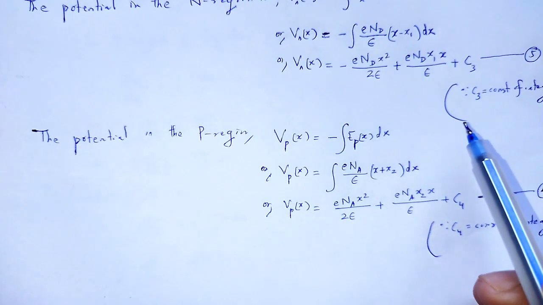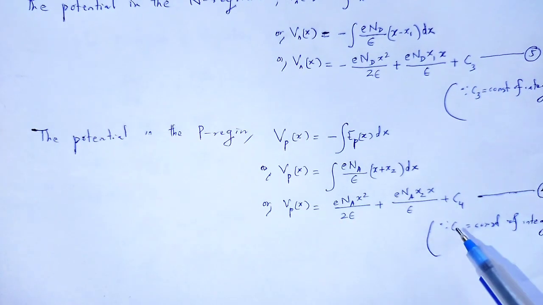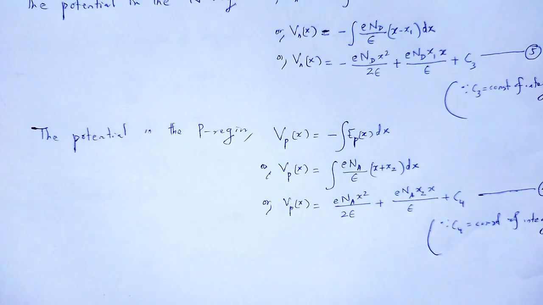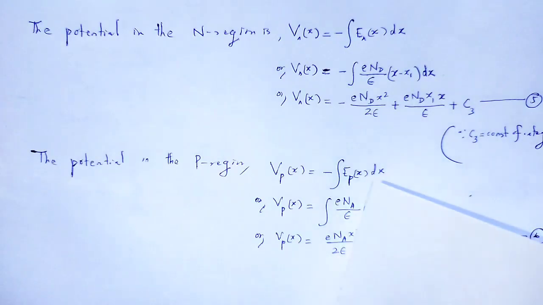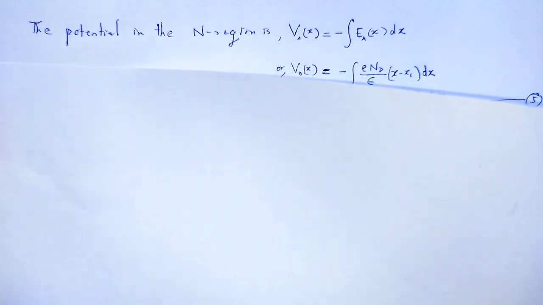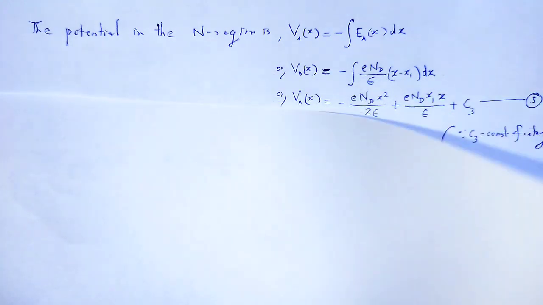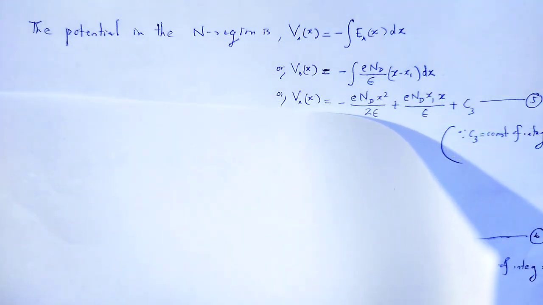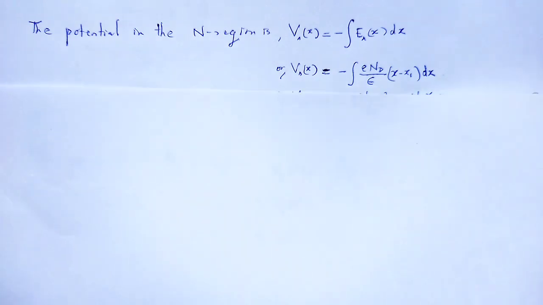Now, the constants of integration C3 and C4 can be evaluated by taking proper boundary conditions. Now, using proper boundary conditions, we can easily calculate the integration constants C3 and C4.